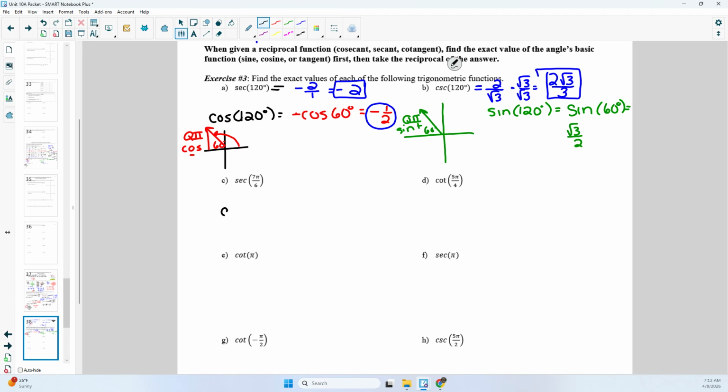So secant is the reciprocal of cosine. 7 pi over 6 is in quadrant 3. Cosine is negative in quadrant 3. Remember, for our reference angles we can always just use the distance from pi. So this is going to be 1 pi over 6, and we set negative.